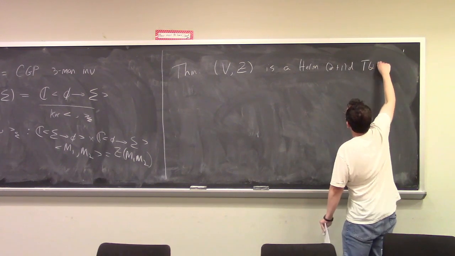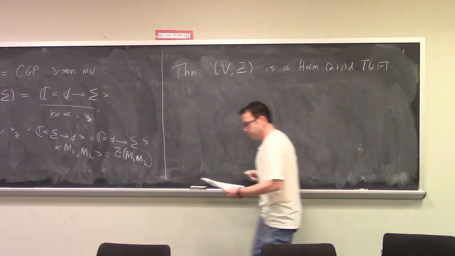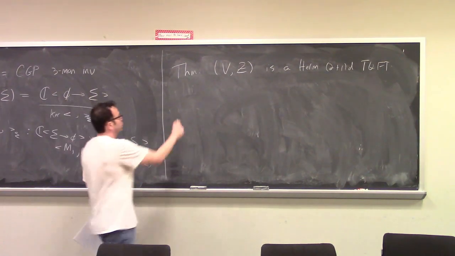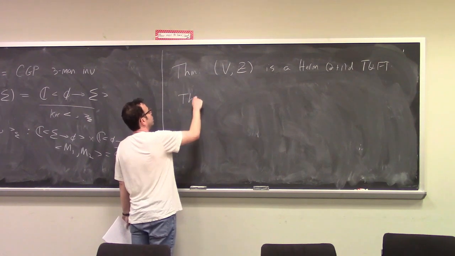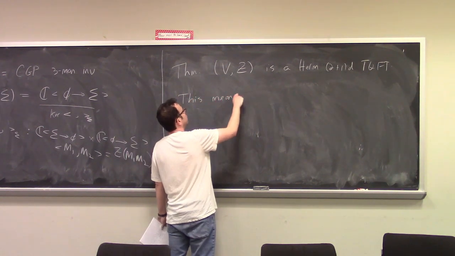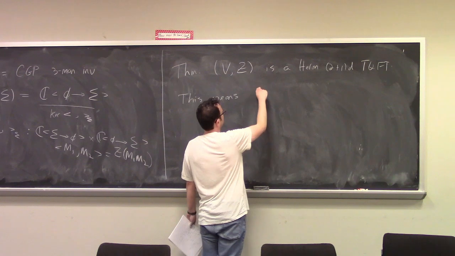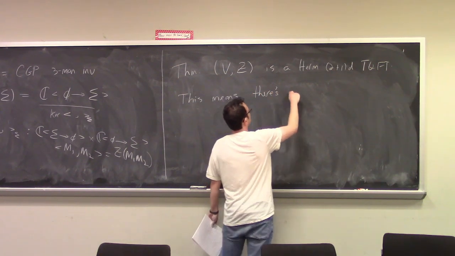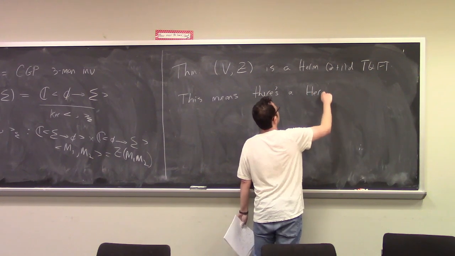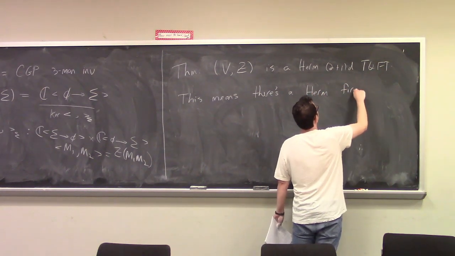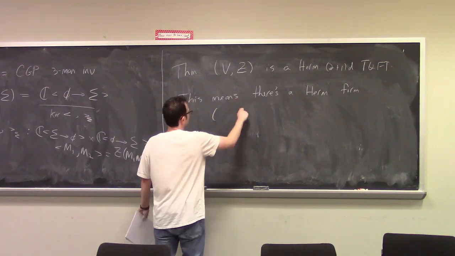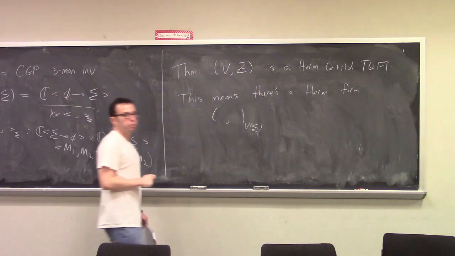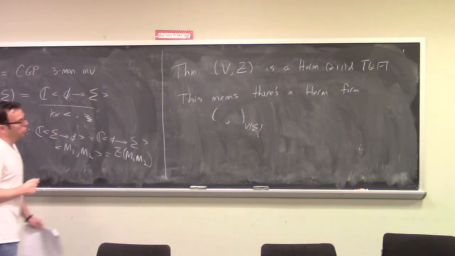So I have to explain what this means. Okay, so what does that mean? That means that there's a form, a Hermitian form, on these state spaces. Okay, so what is this Hermitian form?